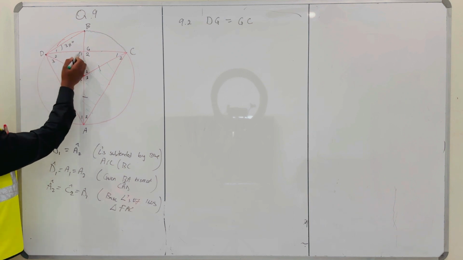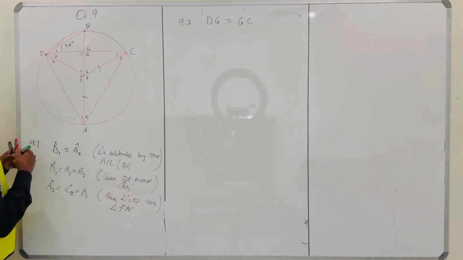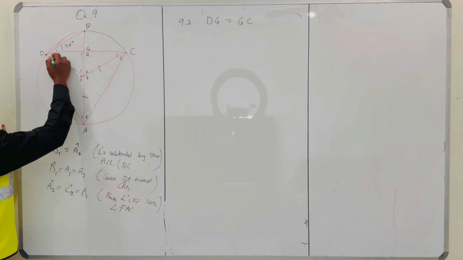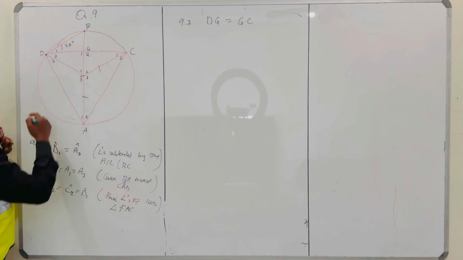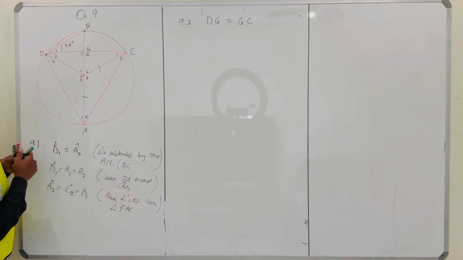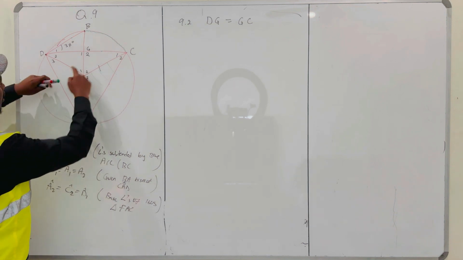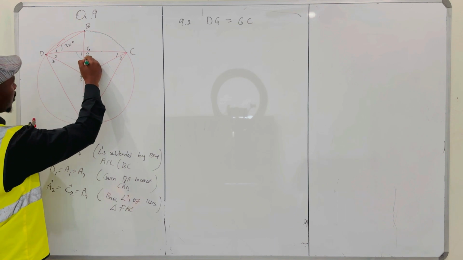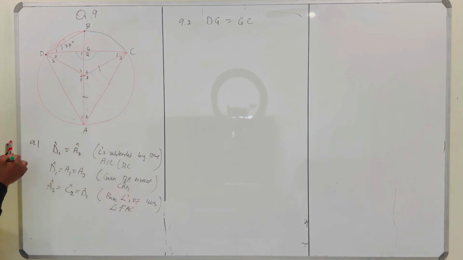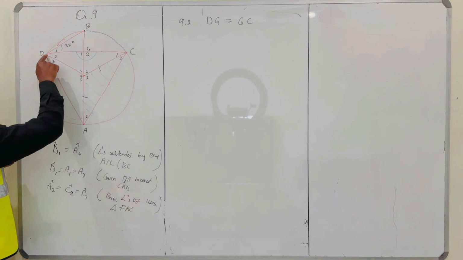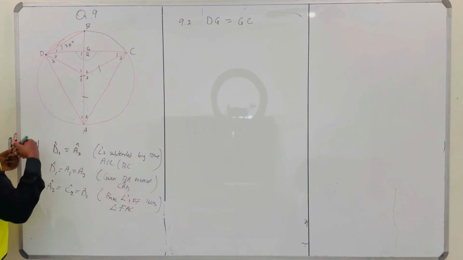Triangle FDG is also in this triangle DGA. Another thing is that if you look here, these angles are on the straight line DC. So if we were to find this one, we could probably even find this one.